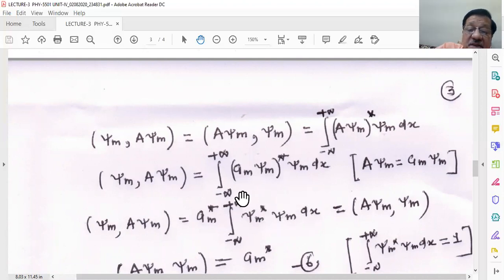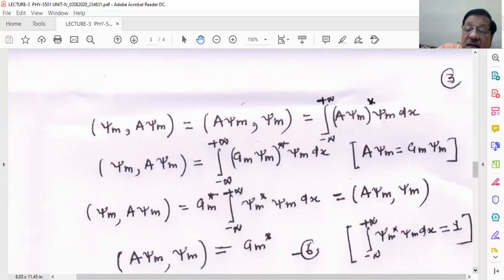Again this is simply the scalar product. You are taking the norm of this, mod psi m squared, and these equations I have mentioned here. This is the norm of the wave function, and it is a normalized wave function. If it is a normalized wave function, it is 1.